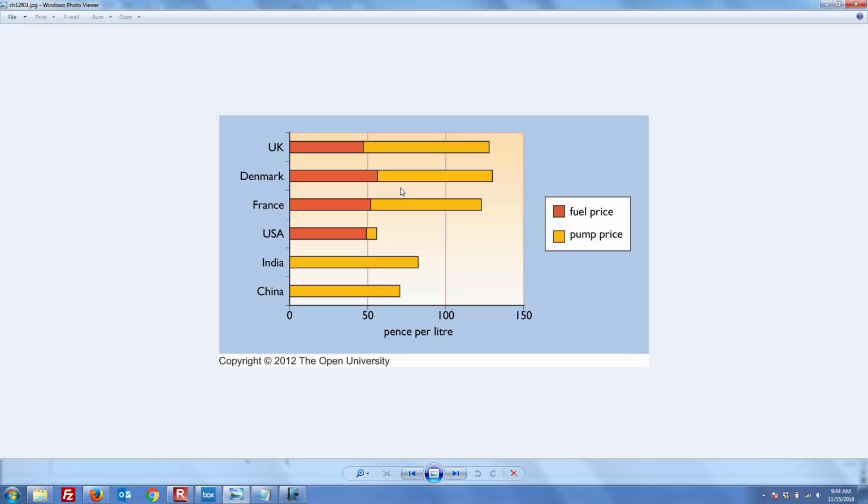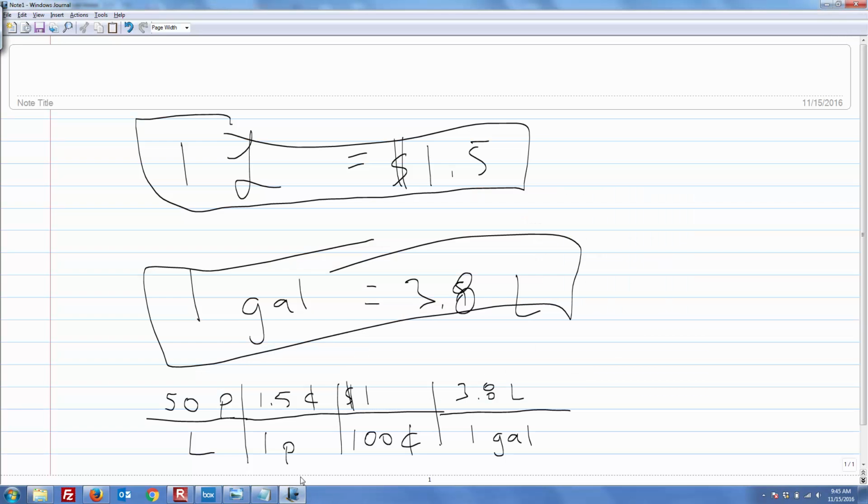Well, there are those as well. And the reason we just see these pump prices for India and China is that it's not that there's not a tax, it's just not known or not published. So let's go ahead and figure what this is in dollars per gallon. So we kept the math relatively simple.